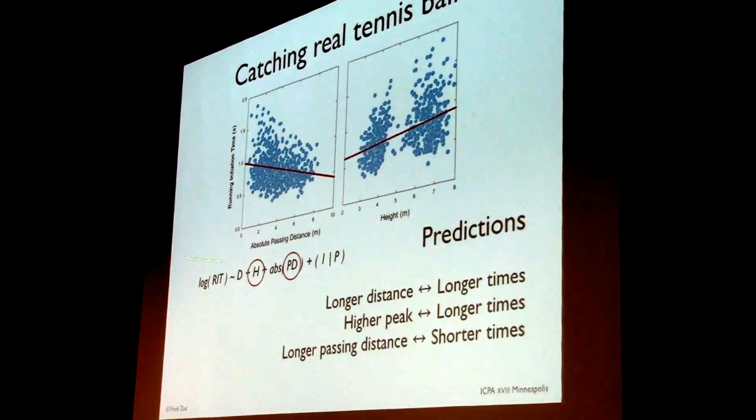Okay, that's in line with our hypothesis. If it lands farther away from you, larger passing distances, you will start running earlier. Yeah, okay, that's true too. The only thing that we didn't find, and I'm disappointed about this because I think that's the most interesting thing, would be this one. So we're still running experiments.